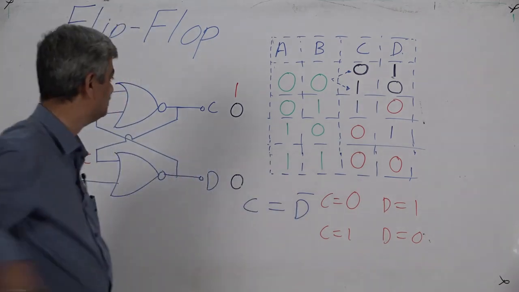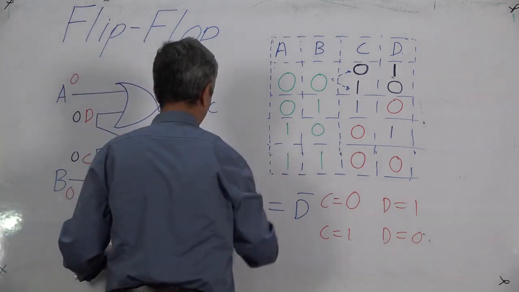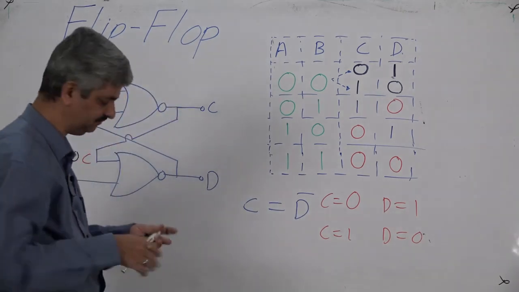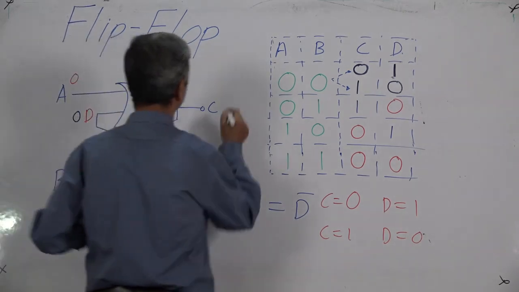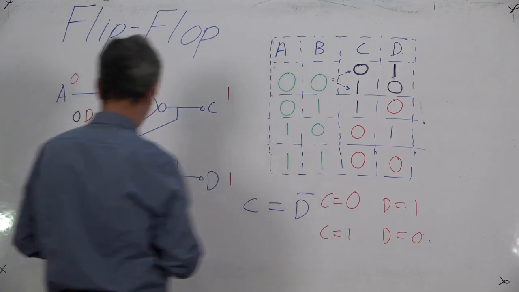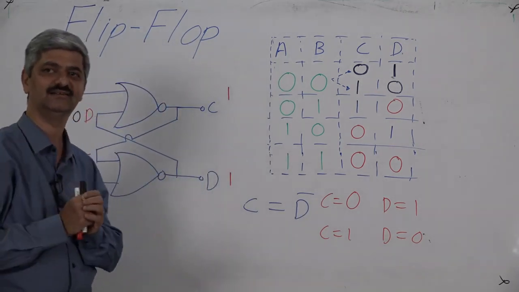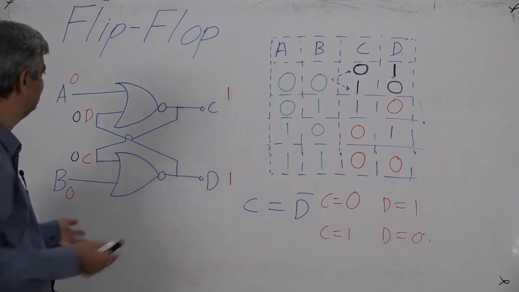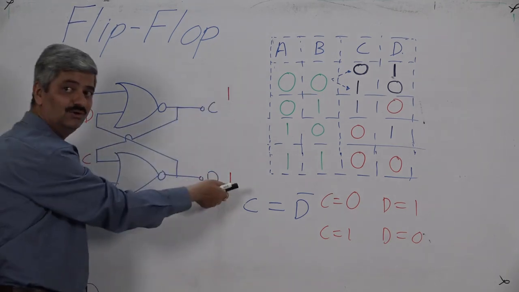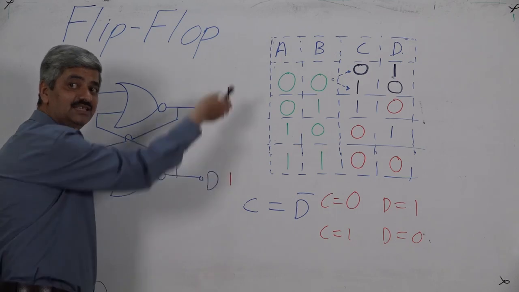Now we start with the 1 1 state. So what will happen? 1 1 is also a self-destroying state, because C equal to 1 will make D equal to 0 and D equal to 1 will make C equal to 0.